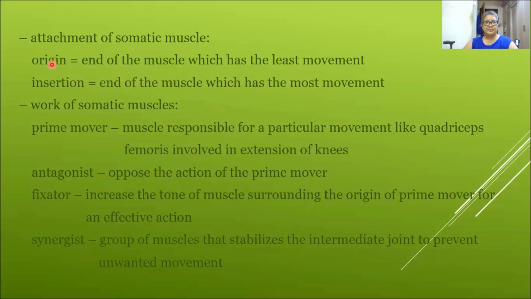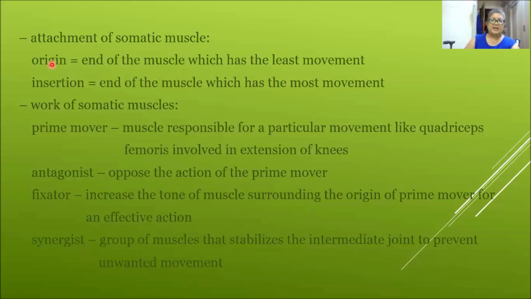Now, the work of somatic muscle could either be a prime mover, an antagonist, a fixator, or a synergist. Depending on the action, this determines how the muscle will work.